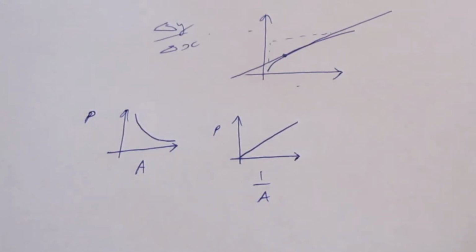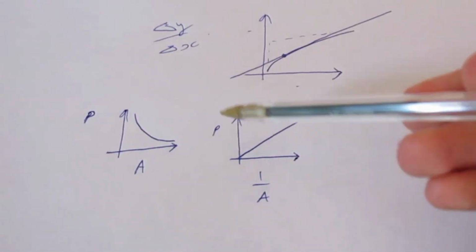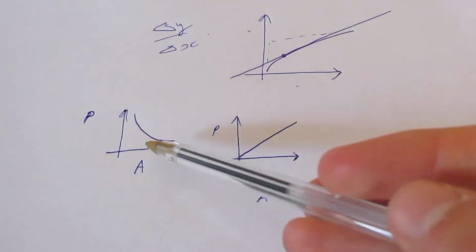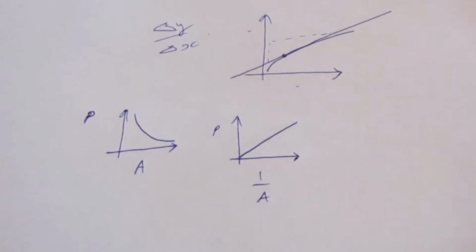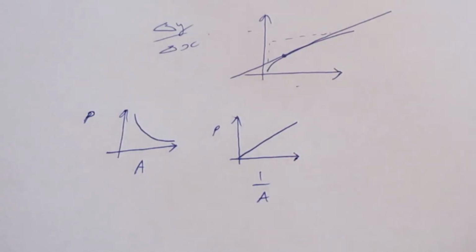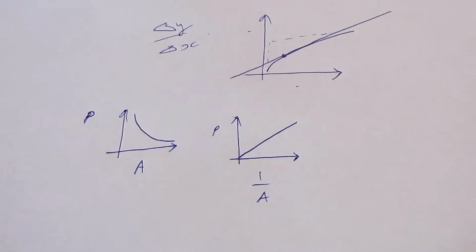This graph looks like there's some kind of curvy negative correlation. We often get results like this in our PAG investigations throughout A-level physics. If you draw pressure over 1 over area, we can see that they're directly proportional because they go through the origin. That's worth noting, and it could be easier for your calculations.